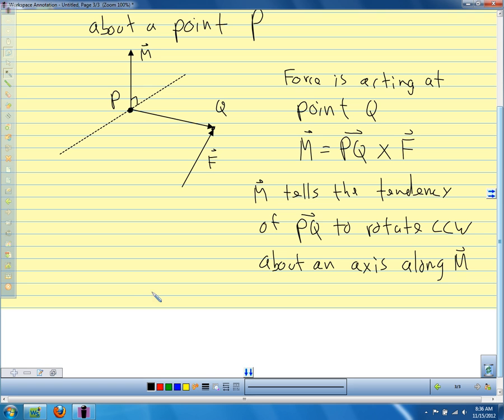So the magnitude of our torque, the magnitude of M, is the magnitude of PQ times the magnitude of F times the sine of the angle between the position vector and the force.